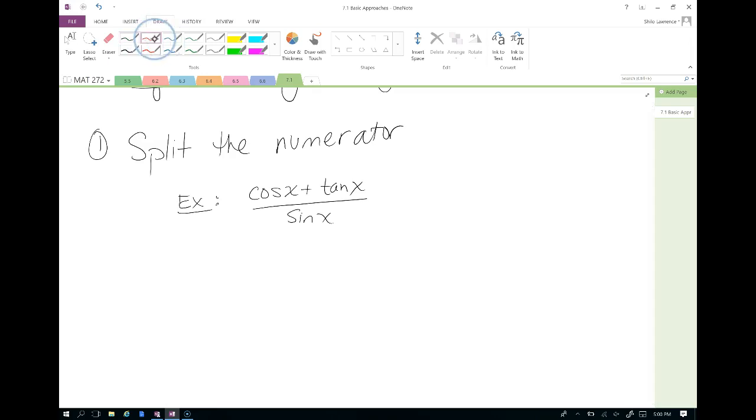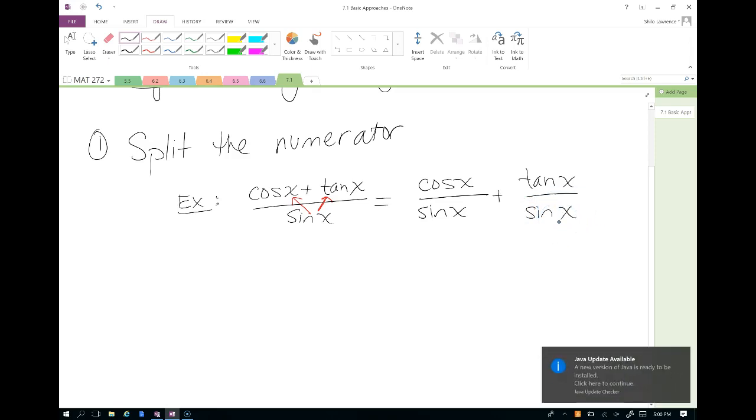What we instead need to do is split apart the terms in the numerator and give them each that denominator. So this fraction says that we need to divide cosine x by sine x and tan x by sine x. You're allowed to split up the numerator if the numerator has multiple terms.